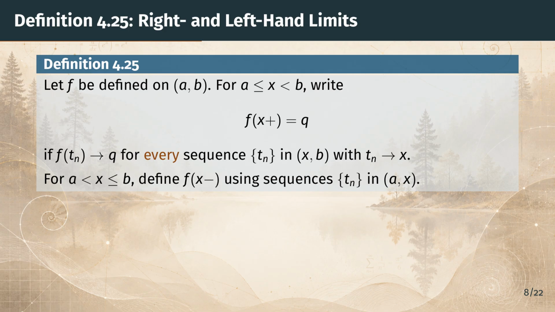The word every is essential. No matter which sequence approaching from the right we pick, we must always land on the same limit q. The left-hand limit f of x minus is defined the same way, except now the sequences come from the left, between a and x. This is just the sequential definition of a limit, restricted to one side.